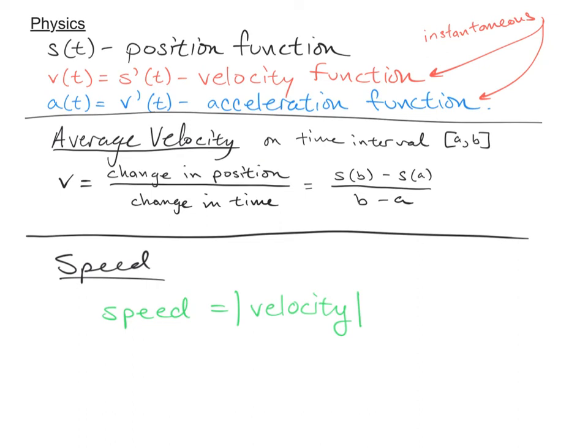Average velocity happens over an interval of time, not at a single point in time, but just over an interval of time from A to B. This is the change in position over the change in time, which looks like this. We start at B, or the later time, we find where the position is, and then we subtract from it the position at time A over B minus A. And we call this average velocity because this is an average rate of change.